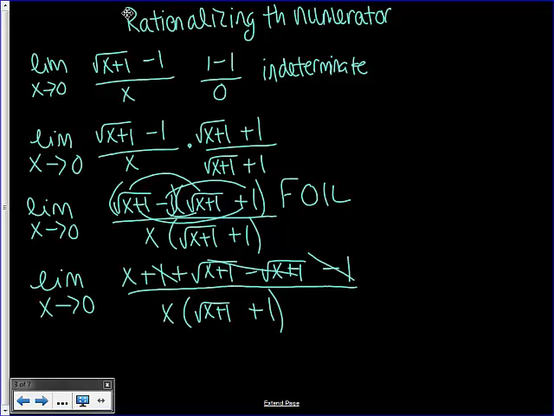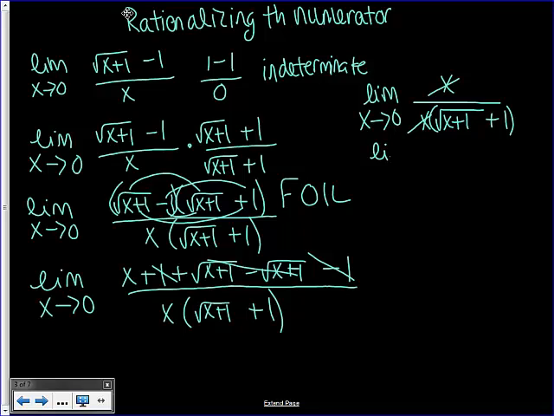Then I am just left with, and now I'm going to move over here, the limit as x approaches 0 of x over x times the square root of x plus 1 plus 1. Okay, again, those x's can cancel. So it is the limit as x approaches 0.